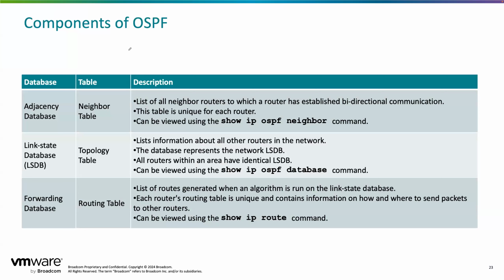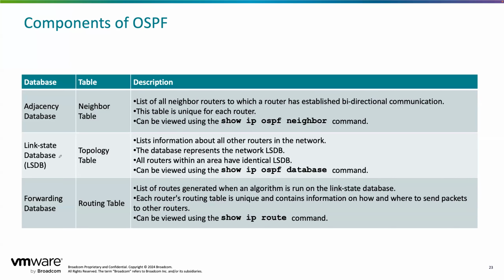Based on these operations, we have three different and vital data structures. They are the adjacency database, to help create the neighbor adjacency relationship. The second one is the link state database, where all of the LSAs, or link state advertisements, will be stored.